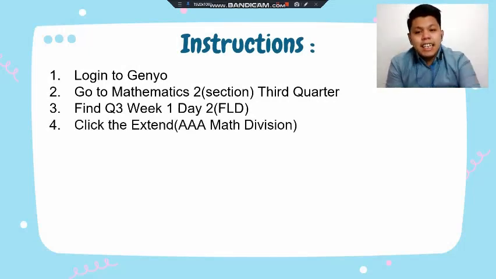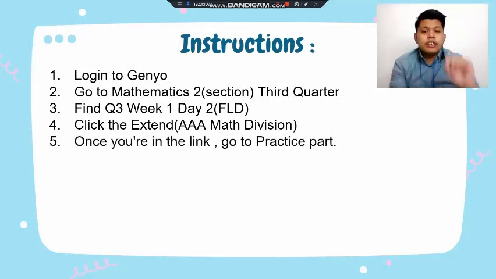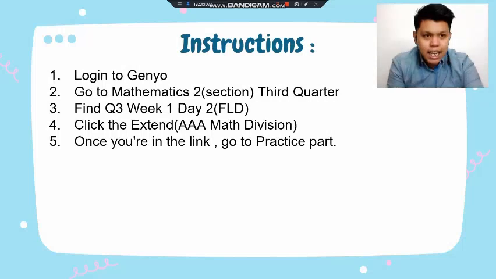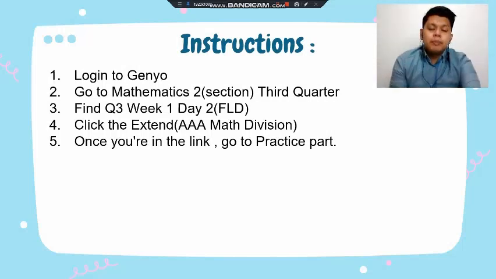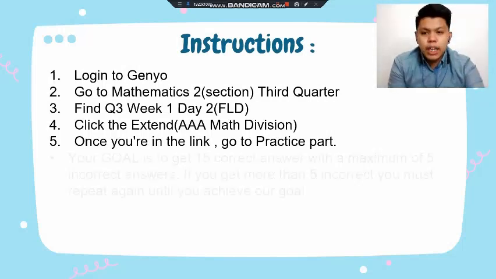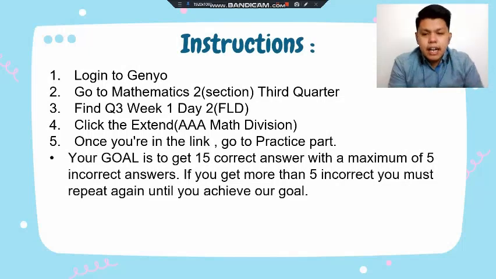Click the Extend A Math Division. There will be a link there. Once you're in the link, you just need to go to the practice part. You've done this already before, the same way. Your goal now is to get 15 correct answers with a maximum of 5 incorrect answers.